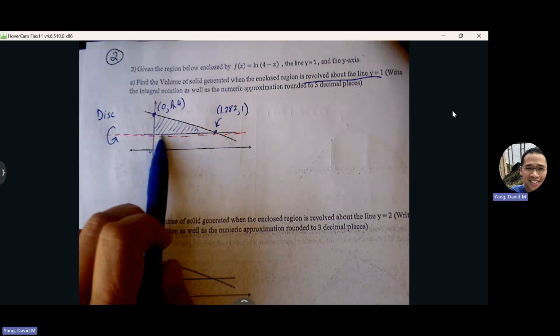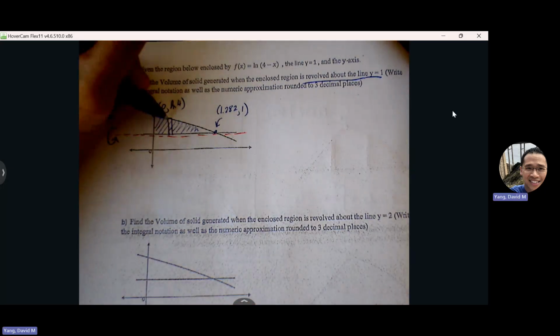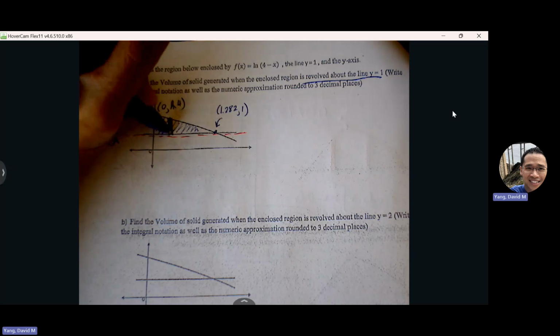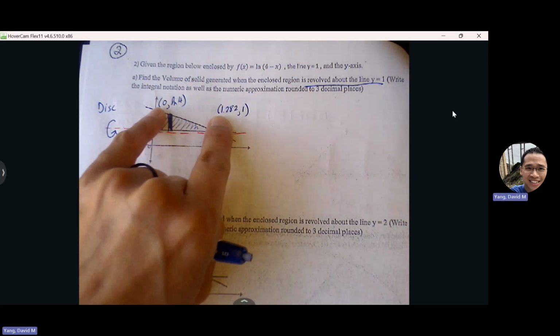The dotted line is up against the flat surface of the shaded region. There are no gaps. So all we need is one radius. And your radius always comes out forming a T with your dotted line. Okay. We're doing top minus bottom, so actually we don't need the y values. We just need the x values.